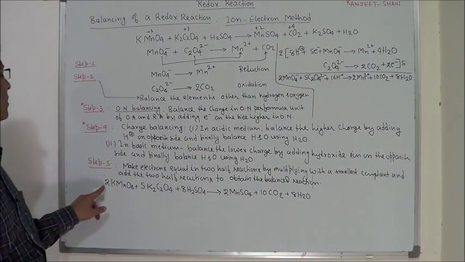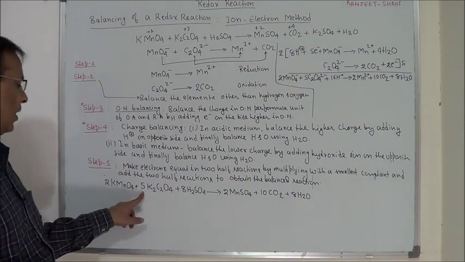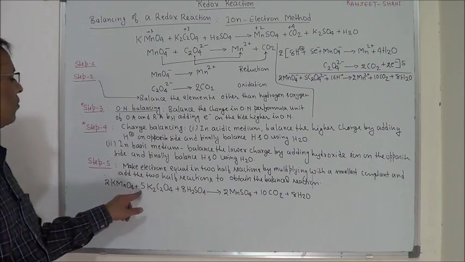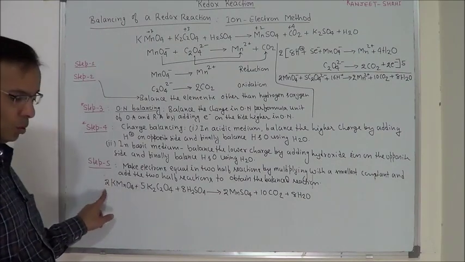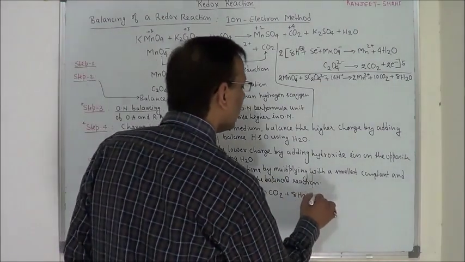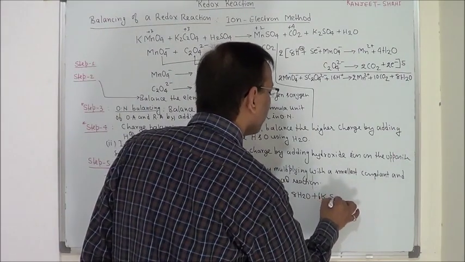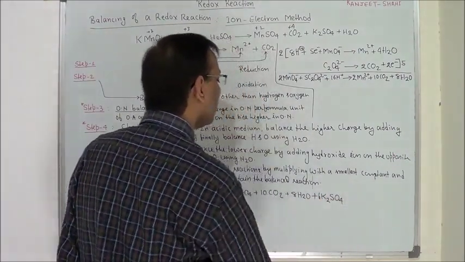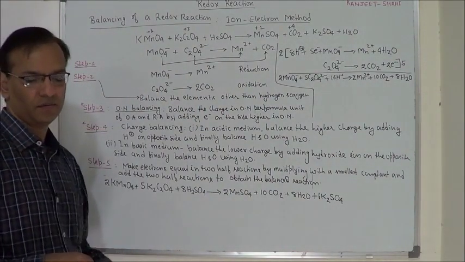On the left side, the coefficients are fixed for the compounds which contain potassium. So we can count them. 2 potassium here, 5 into 2, 10 potassium here. So 10 plus 2, 12. On the right side, 12 potassium will be adjusted by writing 6K2SO4, and now this reaction is 100% balanced.